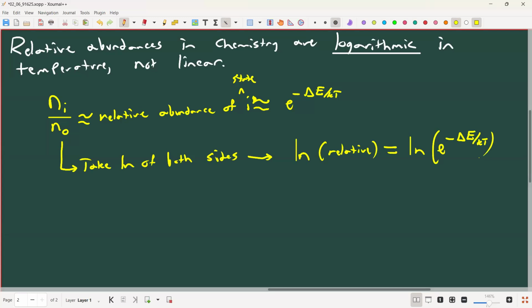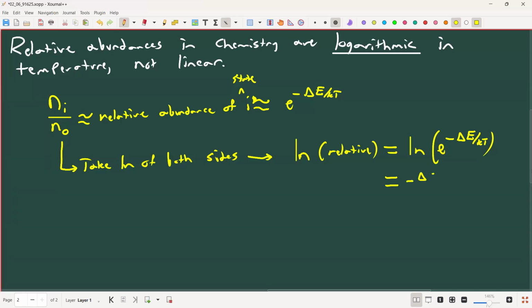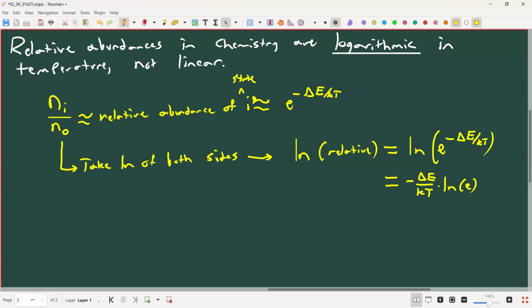What's the log of E? By exponent rules, this is minus delta E over KT times the log of E. And what is the log of E, guys? What exponent do you need to raise E to get E? 1. Yeah, exactly. So this is just 1.